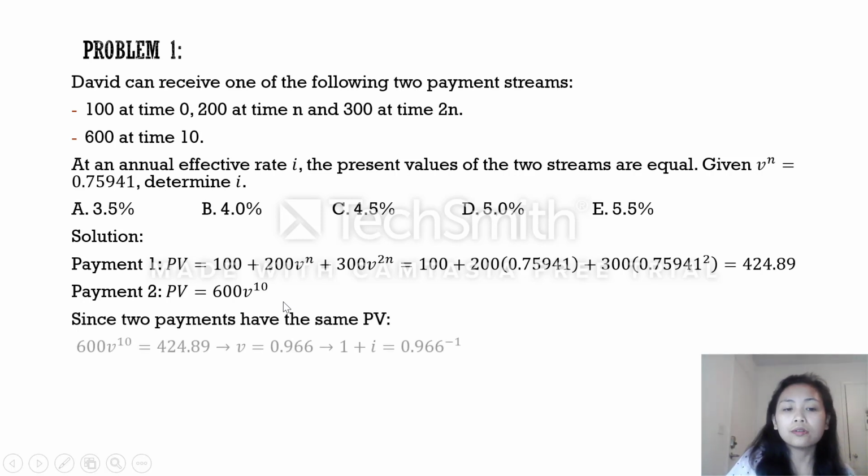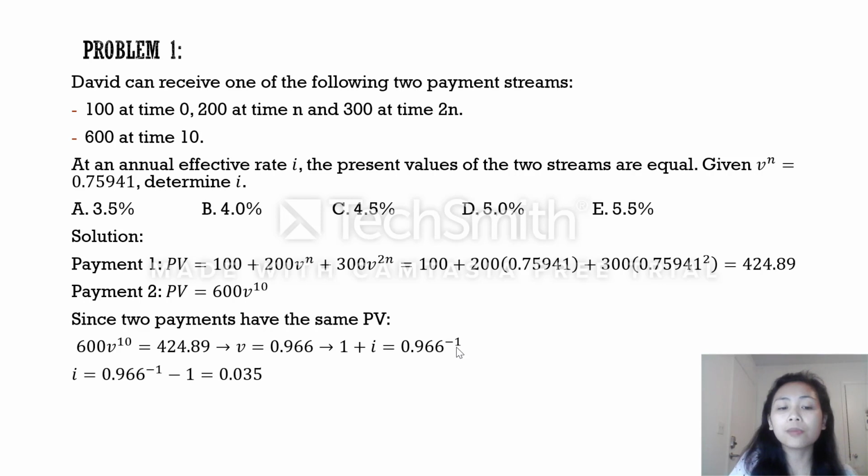So 600 v to the 10 equals 424.89. So v is 0.966, and from v is 0.966, we have 1 plus I is 1 over v, so it's 0.966 inverse. And from here we can find I by subtracting 1, so it's 0.035, about 3.5%. So answer A.